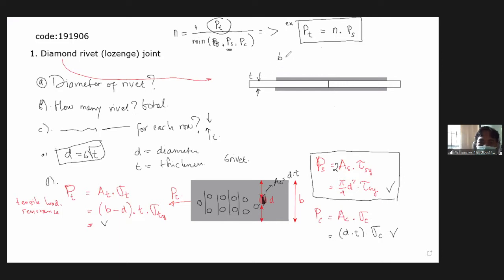If the width of this plate is 200 millimeters and the thickness of the plate is 12.5 millimeters, and if the tensile strength of the plate is 80 megapascal, and the shear strength of the rivet is 65, and the crushing strength or compressive strength of the plate and the rivet is 160.